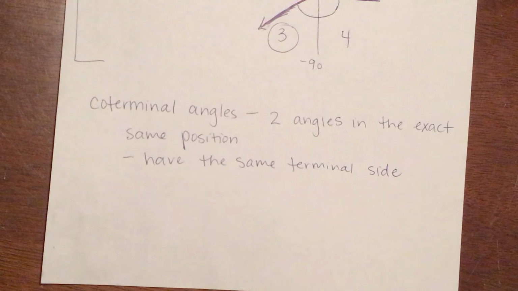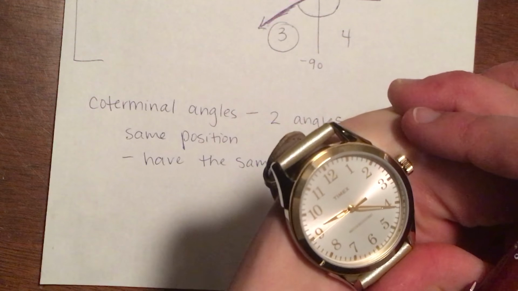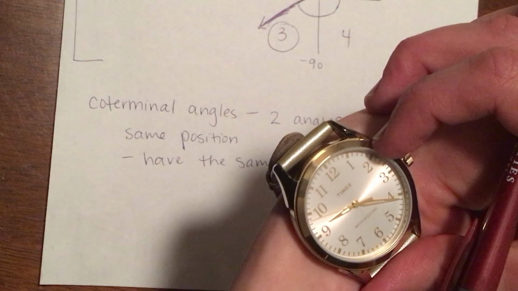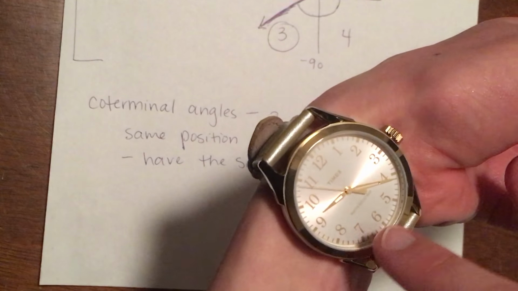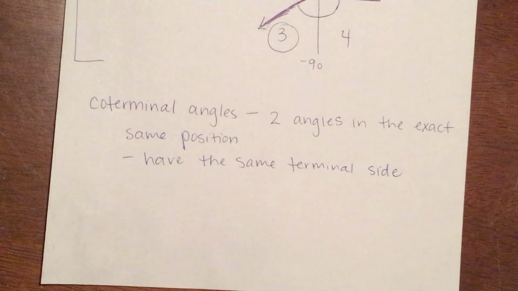So you can think about it like on a watch. If you think about it like military time, 0200 and 1400, they look the exact same on this type of watch because your hands are in the same spots. But those are two very different things. Like one's in the middle of the night and one's in the middle of the day.